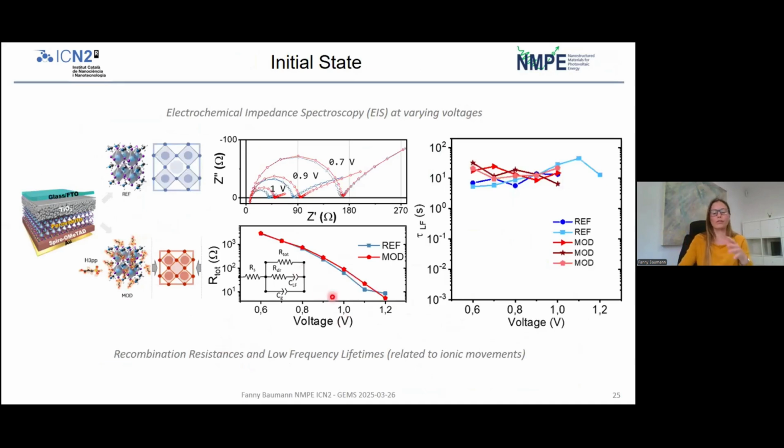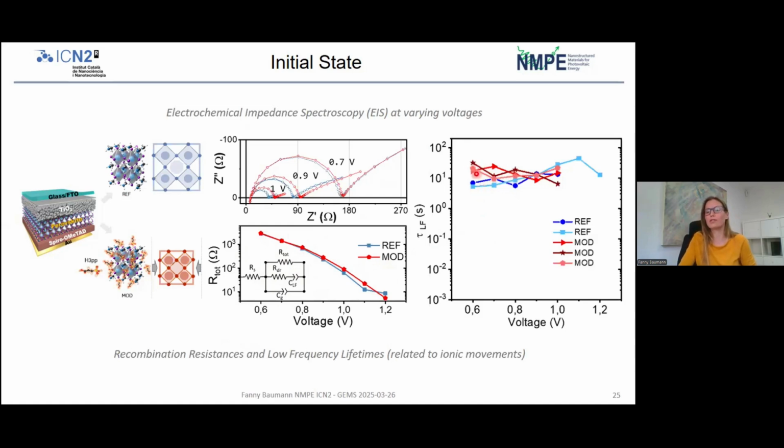And we also couldn't see any changes on impedance spectroscopy in the recombination resistances, or after fitting with equivalent circuits, we couldn't see much difference in the low frequency time constants, which are related to the mobility and/or density of ions inside the device.